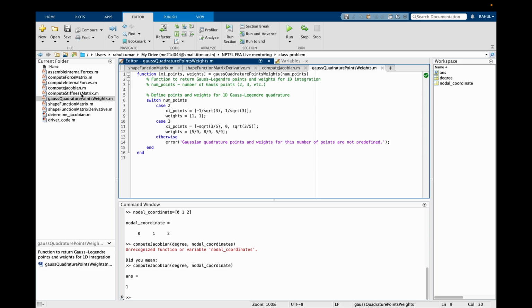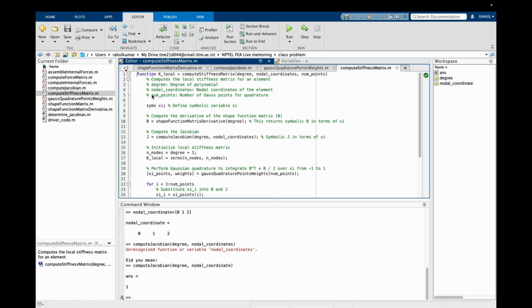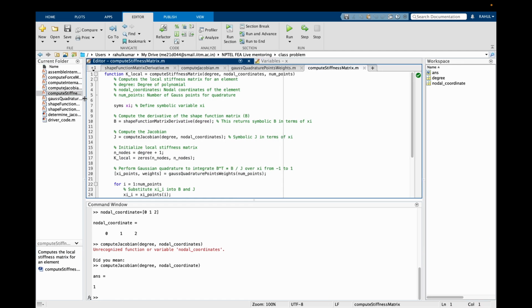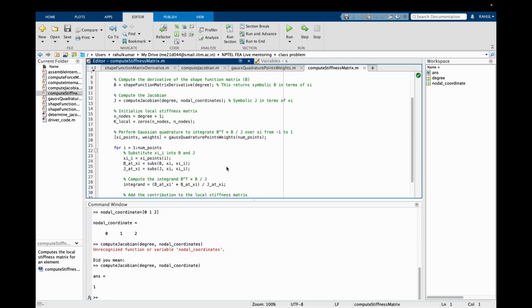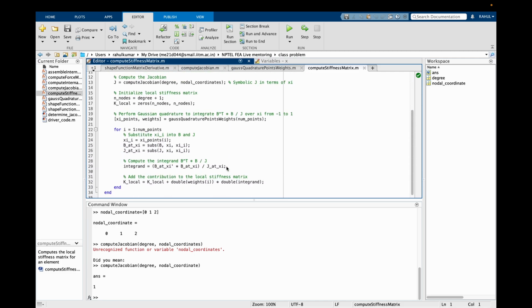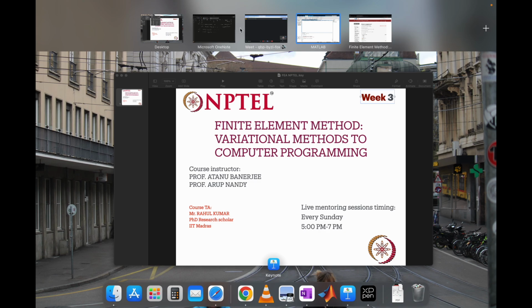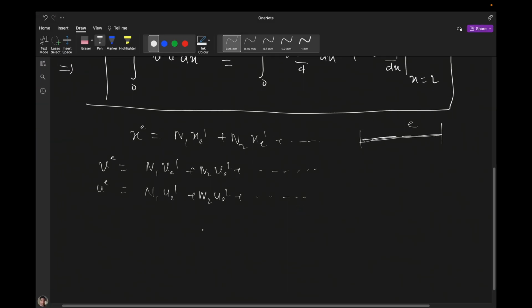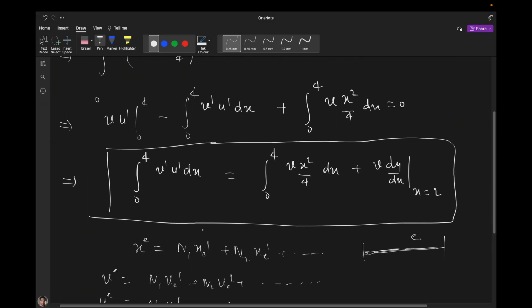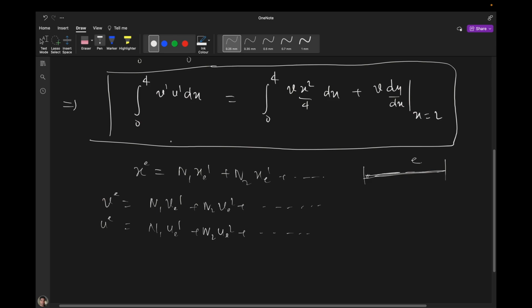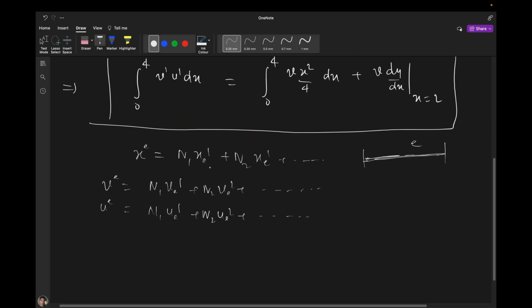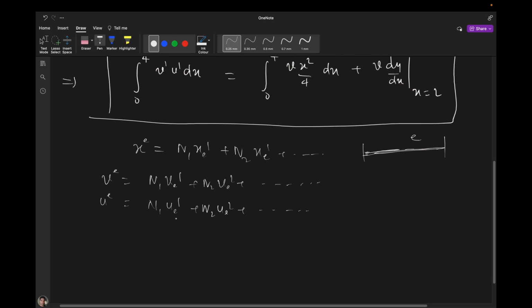Yeah, so now the stiffness matrix. I have also created a stiffness matrix function. So what will the stiffness matrix function be? When you write this thing here, suppose vi.